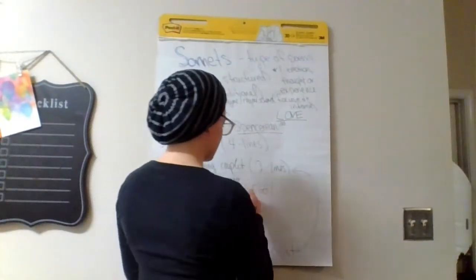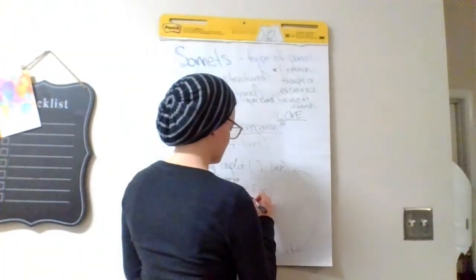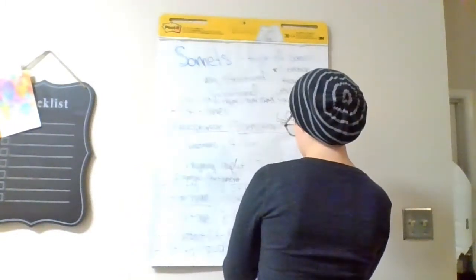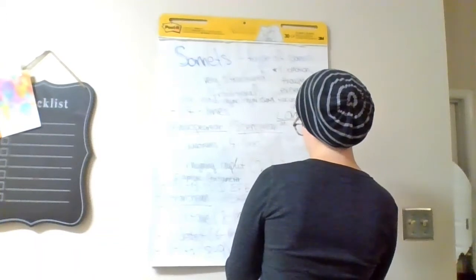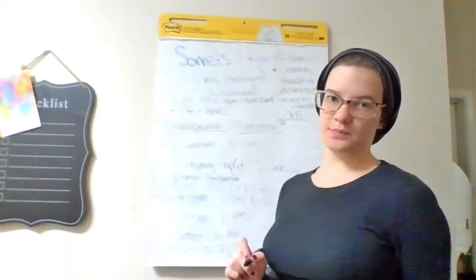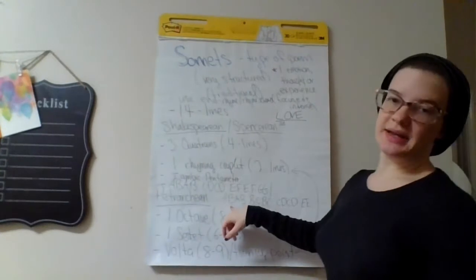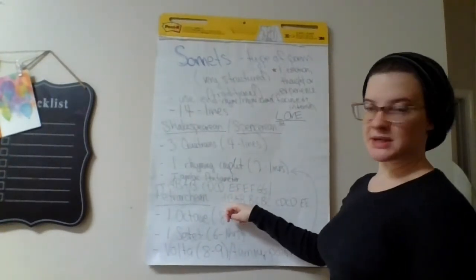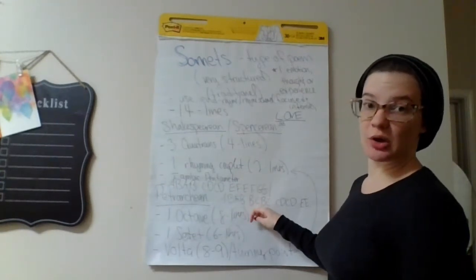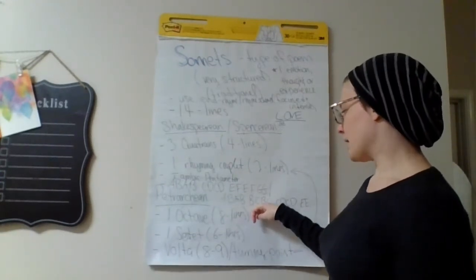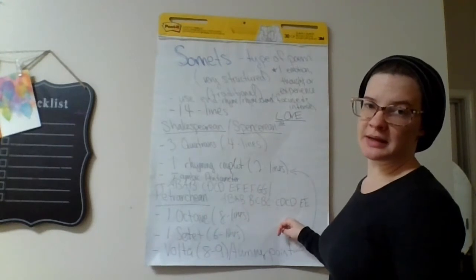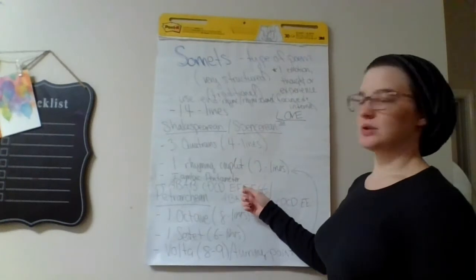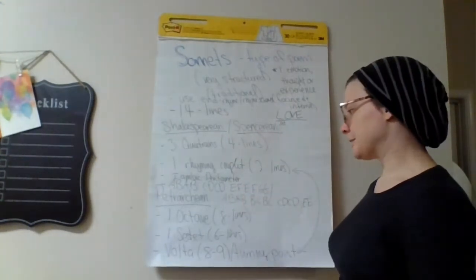So his was A, B, A, B, B, C, B, C, C, D, C, D, E, E. So he kind of connected each stanza's rhyming to the one before it. So the B rhyme is going to transfer over to stanza 2 or quatrain 2. Rhyme C is going to come in quatrain 3. And then E has its own, just like the Spenserian or English style sonnet.